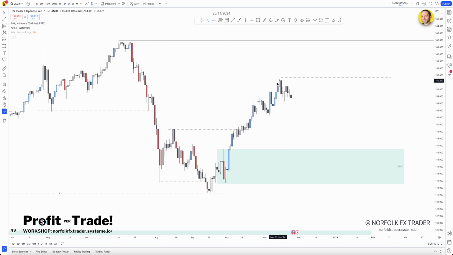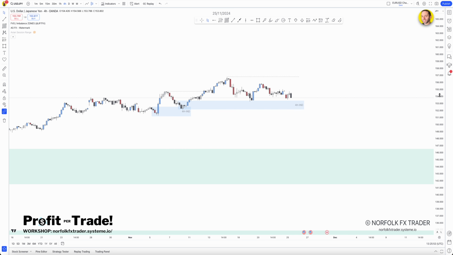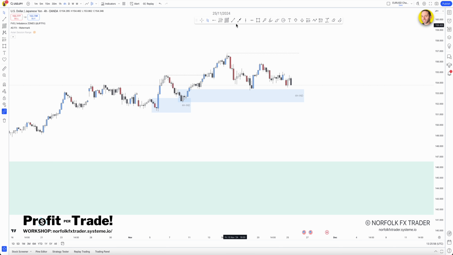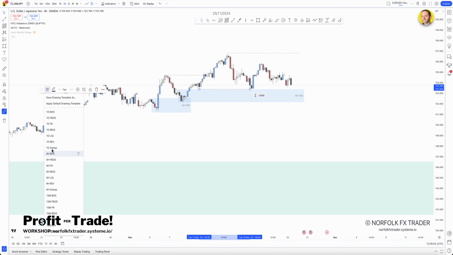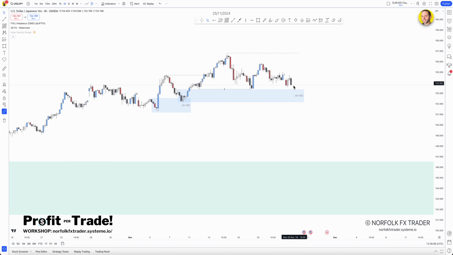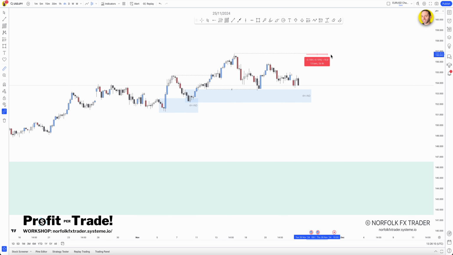So if we consider what could happen, we need to watch how we react now at this area of demand. Again, we have some lows here in the market, equal lows, where we could see price running through into this area of demand to fill the imbalance below before we see another run for this week high.